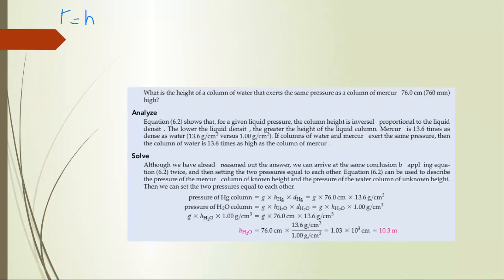Pressure is height multiplied by gravity multiplied by density. The density of water times its height and gravity is equal to the density of mercury times its height and gravity. The gravity is the same, so it cancels.